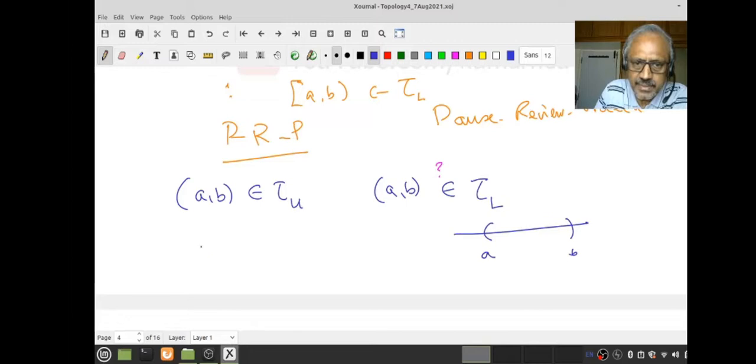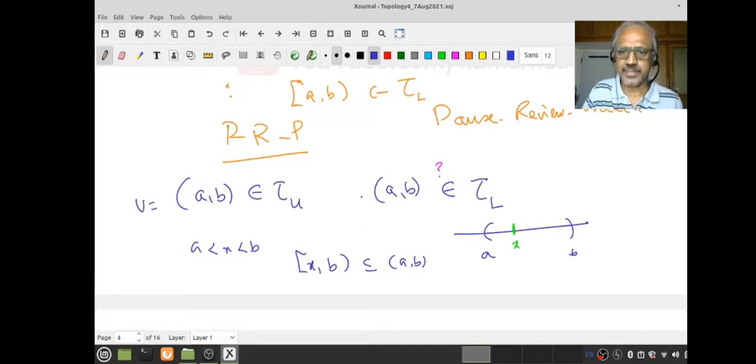Suppose I have an x, therefore a is less than x less than b. I am sure all of you can guess. Suppose this is my x. What do you think you will take? Obvious, right? What will you take? Take [x, b) itself. This is contained in (a, b). This is your U. I want to know this is open.